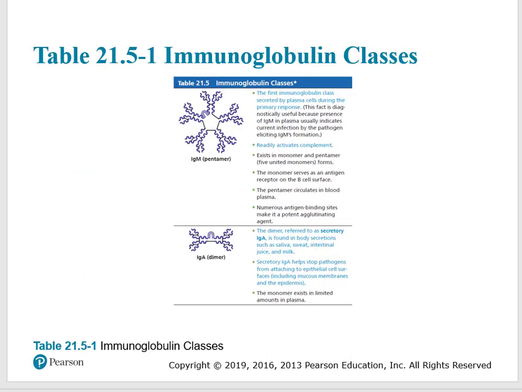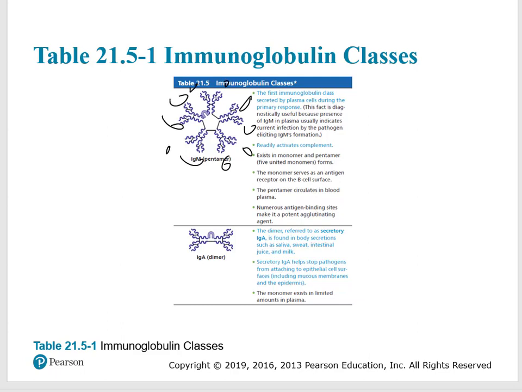I would strongly urge you to go over this table, which tells you exactly where these types of antibodies are used in our body. Because IgM is a pentamer, it can bind to different antigens at each of its binding sites.